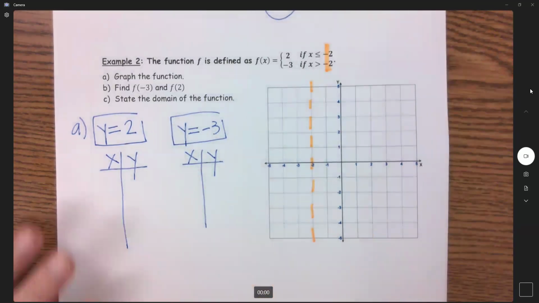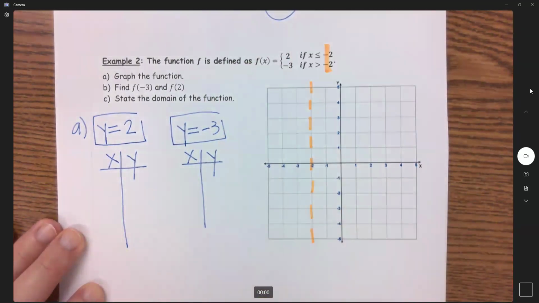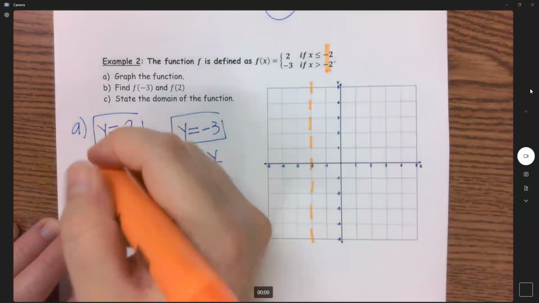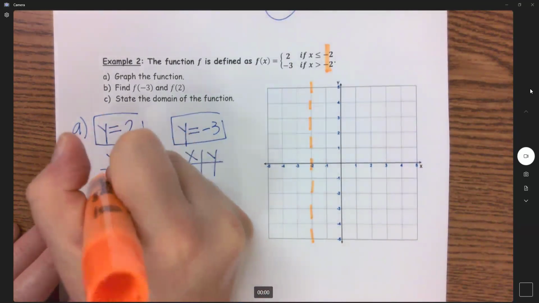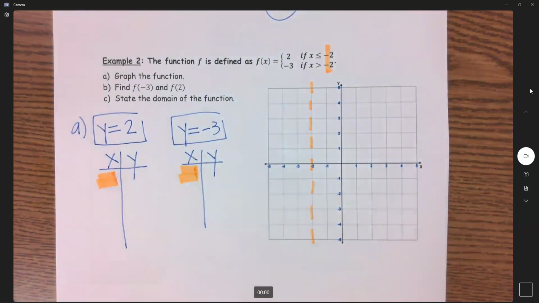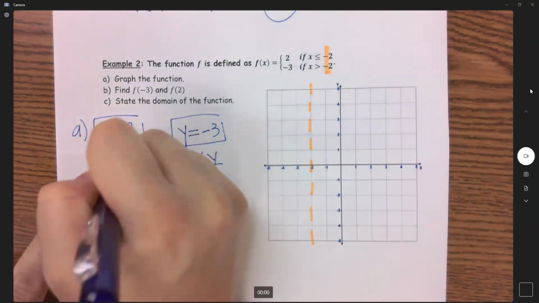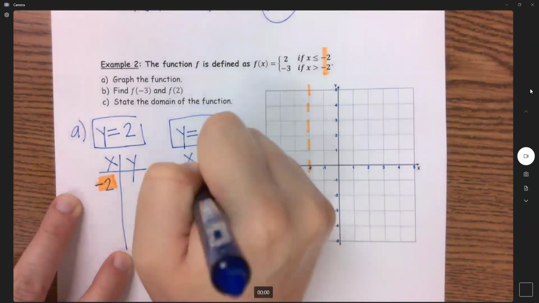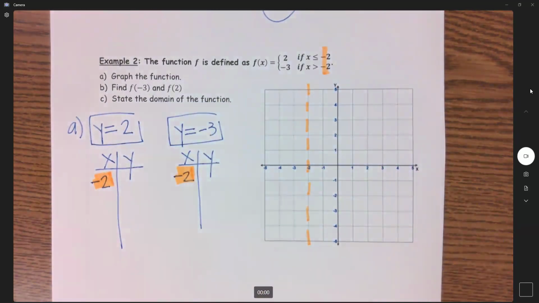So because this -2, this breaking point is so important, this needs to be the first number in both of these tables here. And where that breaking point is very, very crucial.